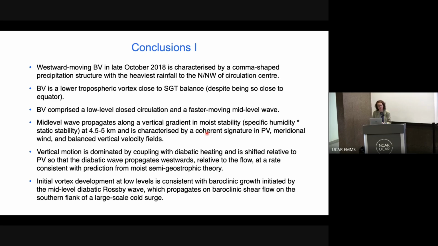As a result, the diabatic Rossby wave is propagating towards the west, at a propagation rate that is consistent with the prediction from moist geostrophic theory. And the initial development at the low levels was consistent with baroclinic growth, with the alignment of both the upper and low level waves. And keep in mind that this happened in an environment characterized by high baroclinic shear on the southern flank of the cold surge.